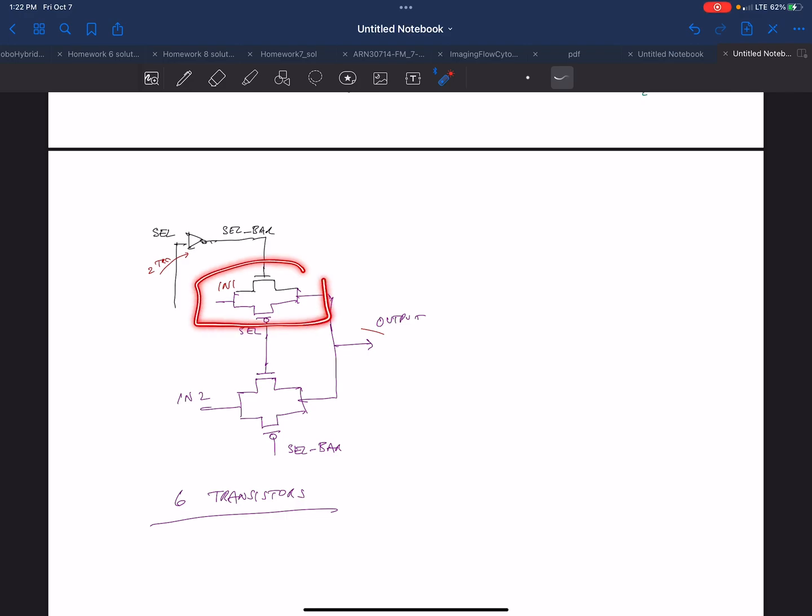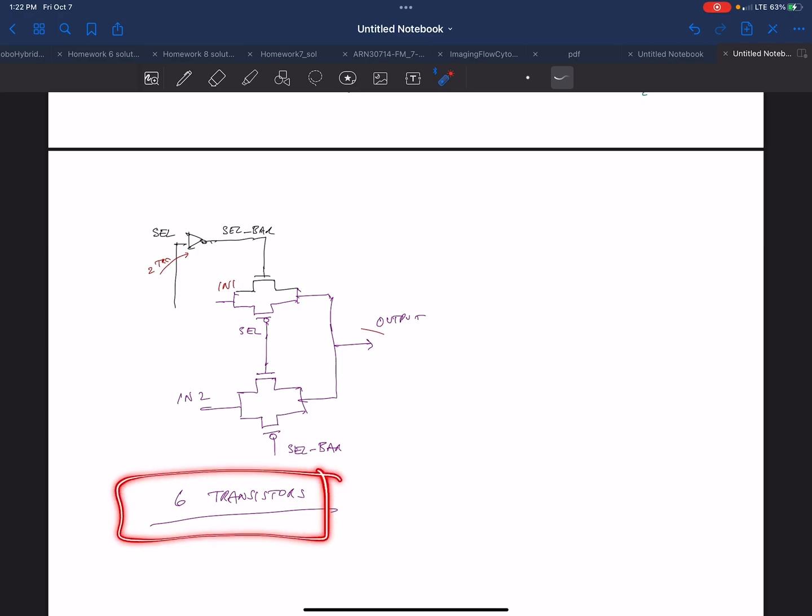Because if in 1 this branch is on, if in 1 is a 0 value, the NMOS will kick in and pass it through. If in 1 is a high value, logic 1 or 1.1 volts, the PMOS will kick in and pass it through, okay? So either way, I'm fine. Okay, so with 6 transistors, I have a multiplexer.